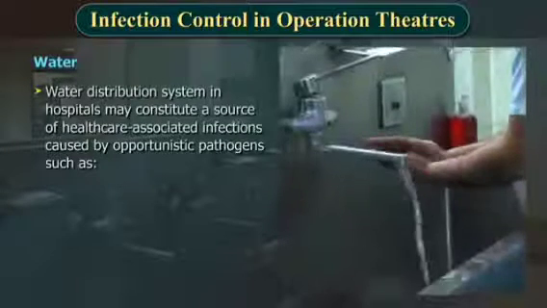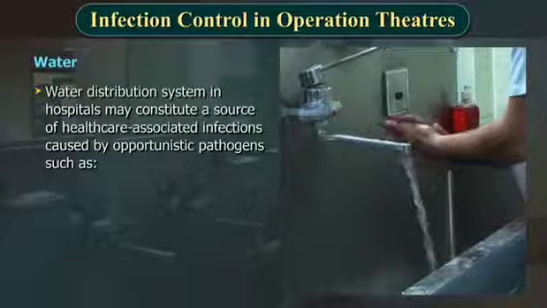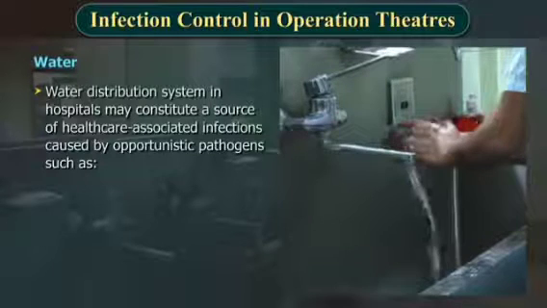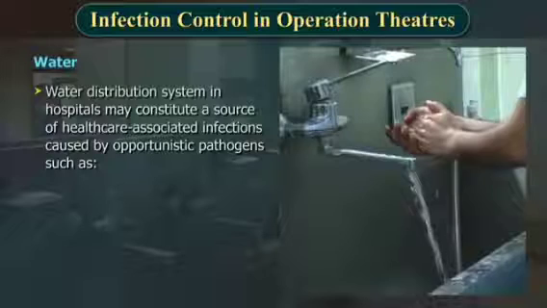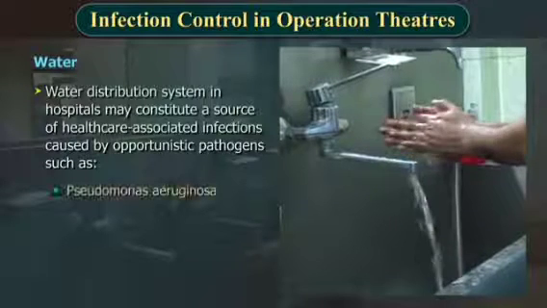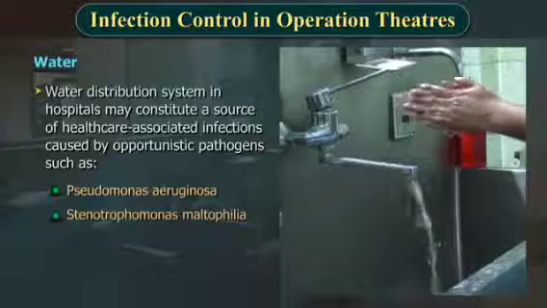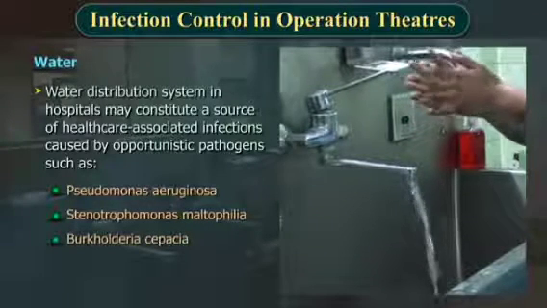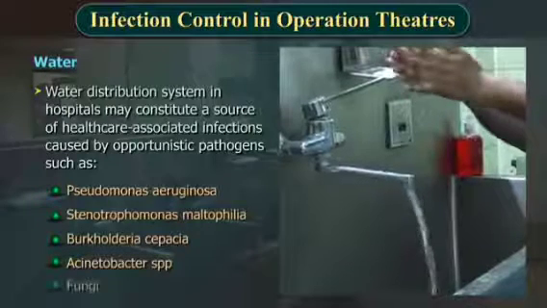The water distribution system in hospitals may constitute a source of healthcare associated infections caused by opportunistic pathogens such as Pseudomonas aeruginosa, Stenotrophomonas maltophilia, Burkholderia cepacia, Acinetobacter species, and fungi.